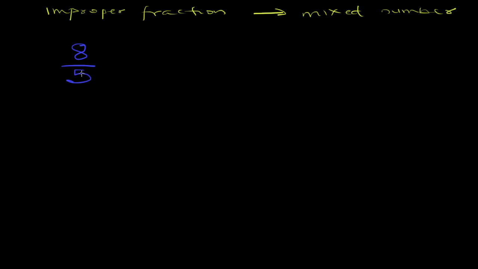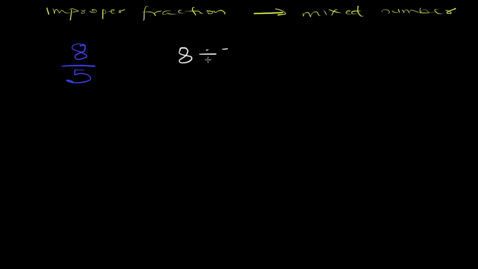So how are we going to change this one to a mixed number? The first thing that you do is that we're going to divide the numerator. What is the numerator here? The numerator is 8. So we're going to divide the numerator by the denominator.